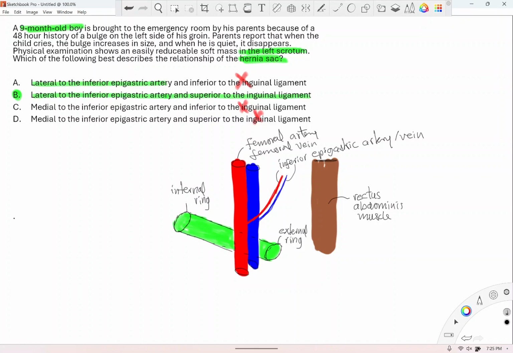What are we missing? We are missing one more structure. Let's do that, and then that would do the job. And here should be an inguinal ligament.